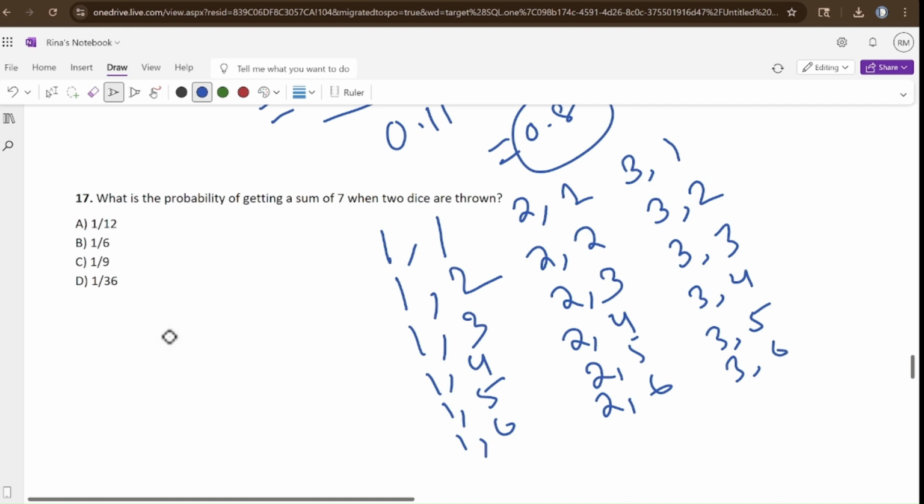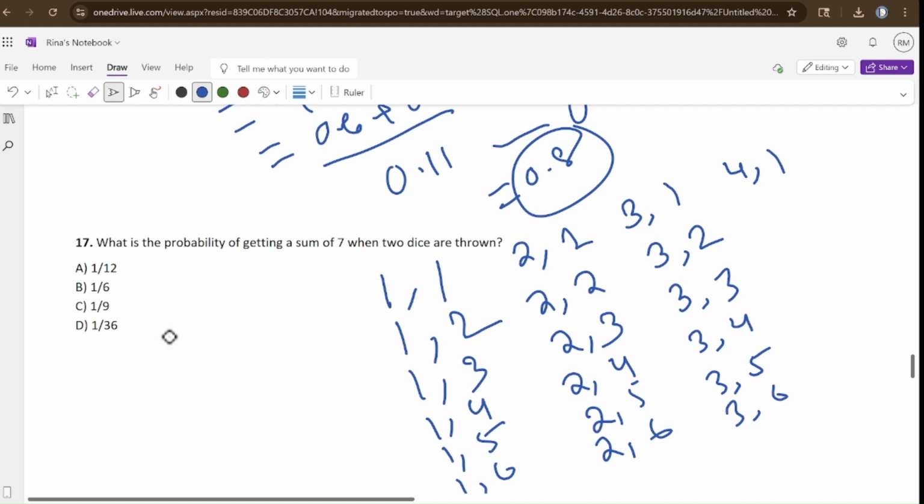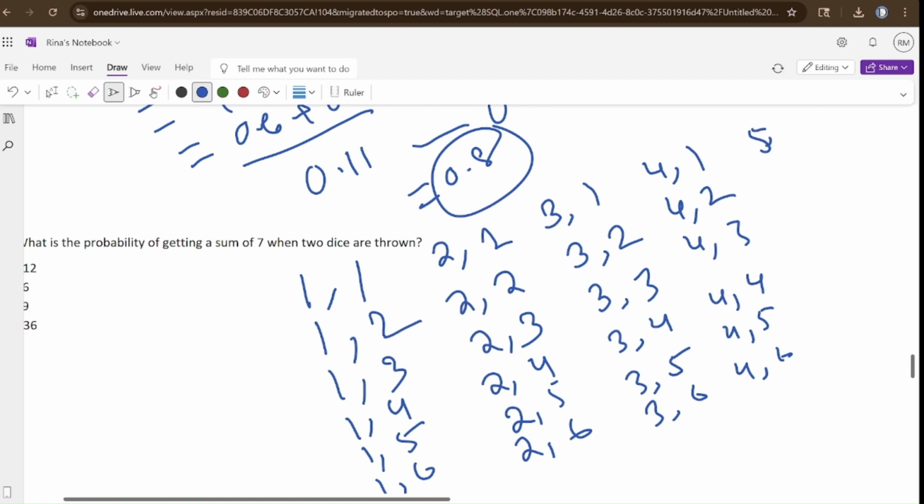I am taking the first as constant and I am taking all the values from the second one. Same way 4, 1, 4, 2, 4, 3, 4, 4, 4, 5, 4, 6. Same way 5, 1 through 5, 6.